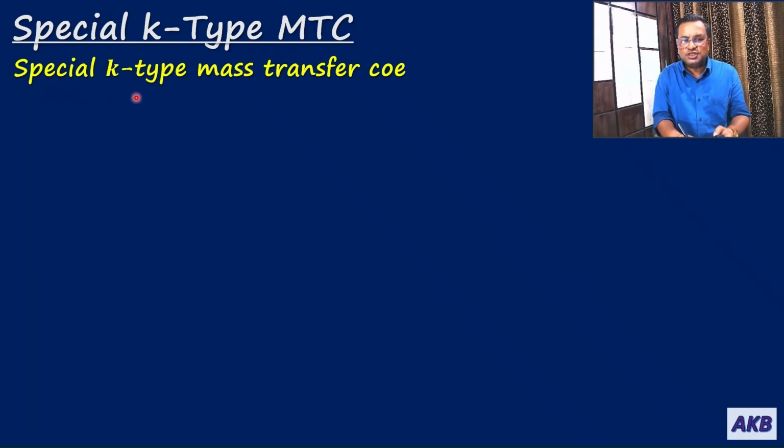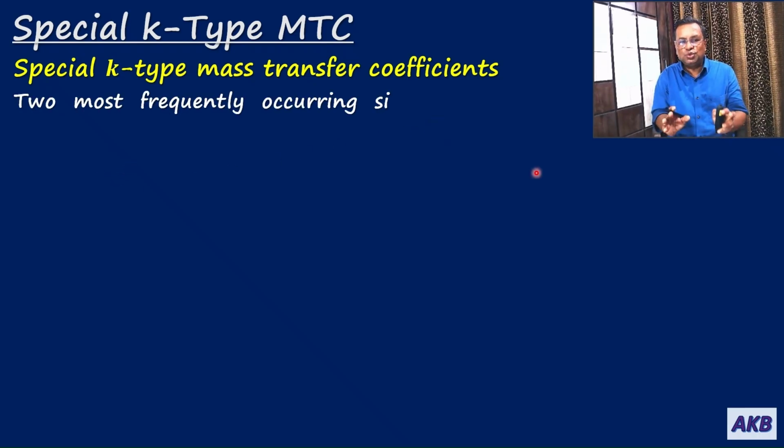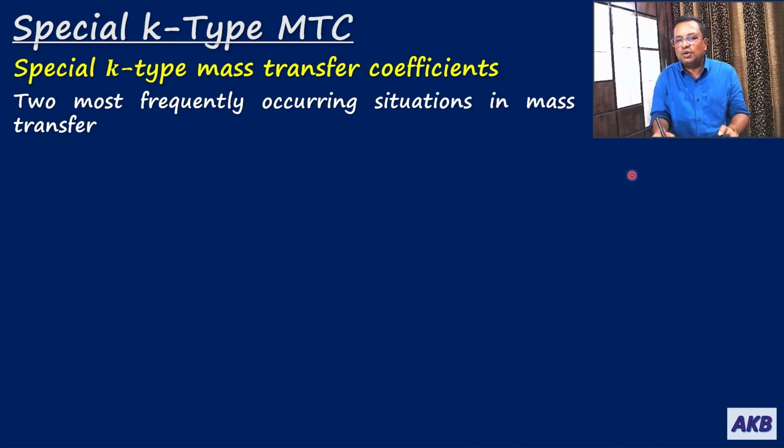Now, before I end my discussion for this video lecture, let me introduce some special K-type mass transfer coefficients. These I will be discussing in detail in part number 4 in my next video lecture. Here I am just introducing them to you. Special K-type mass transfer coefficients are defined for the two most frequently occurring situations in mass transfer operations.